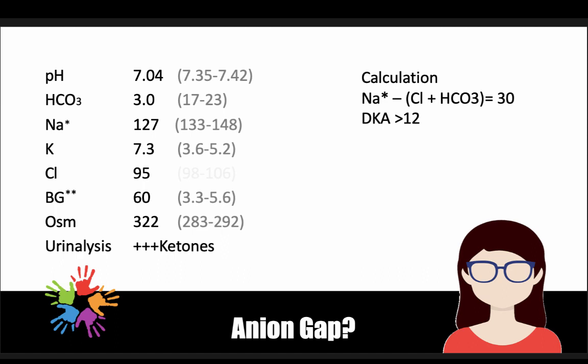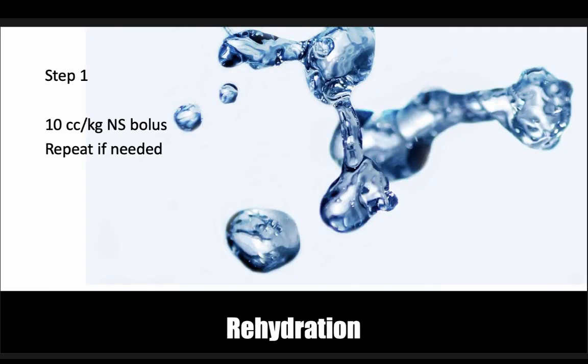So the first step in treating this patient is to look at signs of cerebral edema. And at this moment, the patient has a GCS of 14, there's no headache, her level of consciousness is okay. And so that tells us that it's okay to follow a standard part of the protocol and provide a 10 cc per kilo bolus.